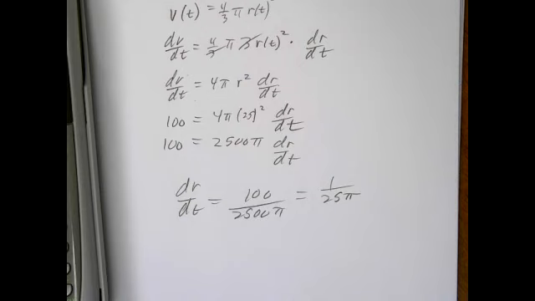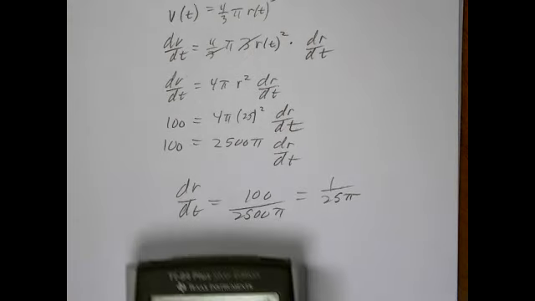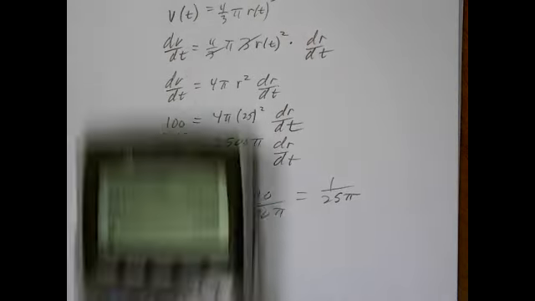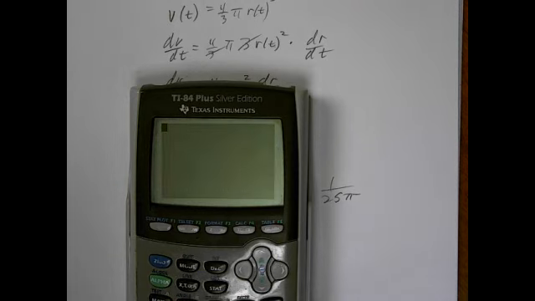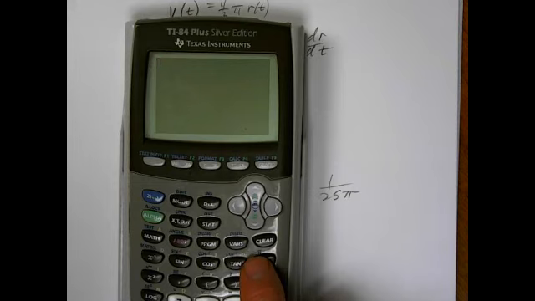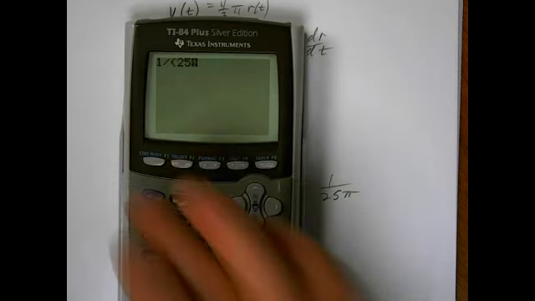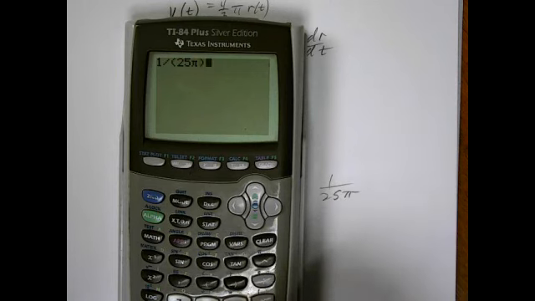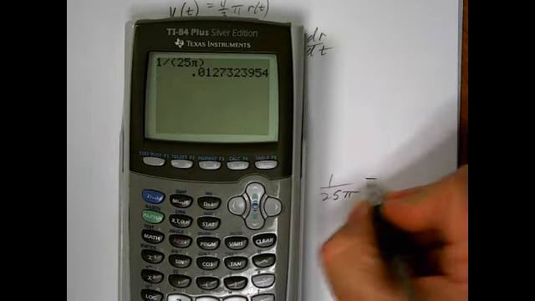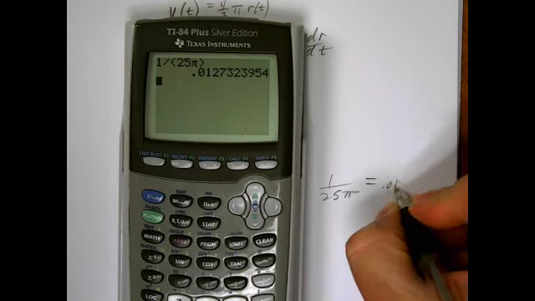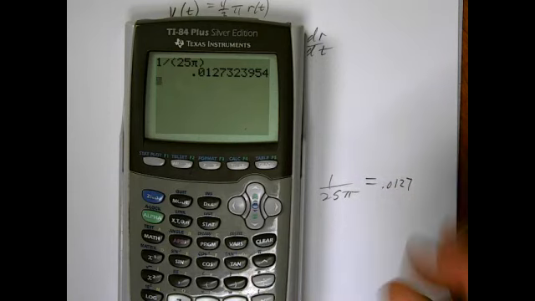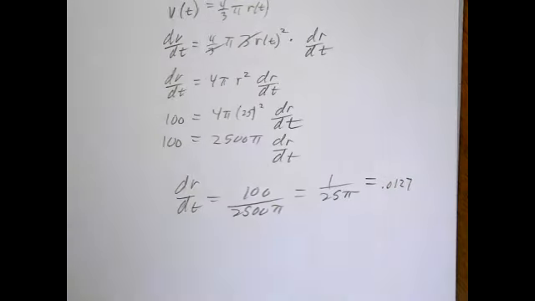If you choose to turn that into a decimal, if that's just more appealing to you, remember your calculator has pi built in above the caret key. So you go 1 divided by 25 pi would be 0.0127 if you wanted to carry it out to 4 decimal places.